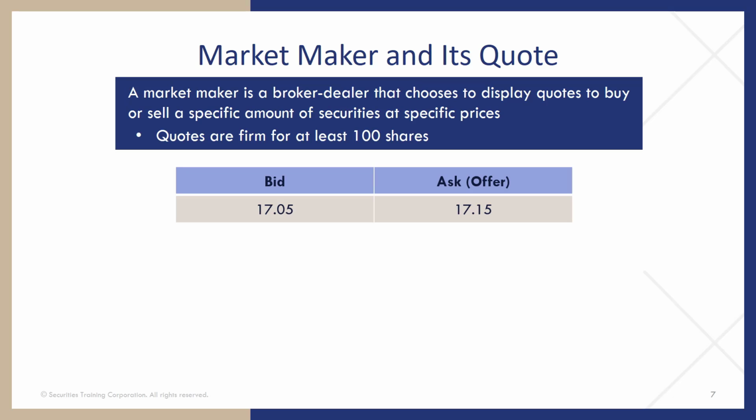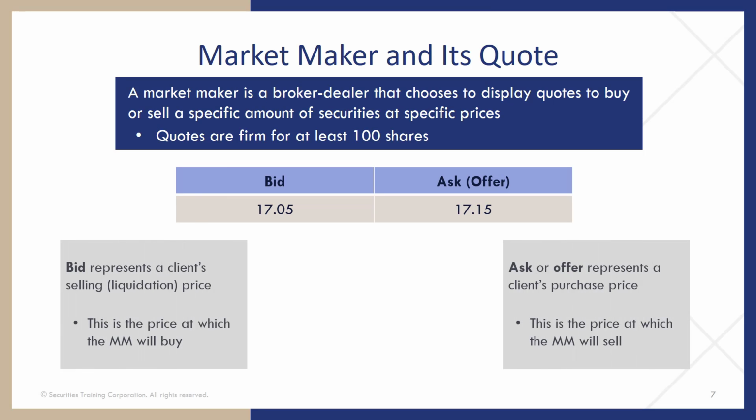Let's look at the following chart. Bid and offer price. Let's discuss bid and offer price. Here are numbers, $17.05 and then $17.15. The bid represents a client selling and a brokerage firm buying. So if a customer wants to sell, the brokerage firm will buy from you at $17.05.